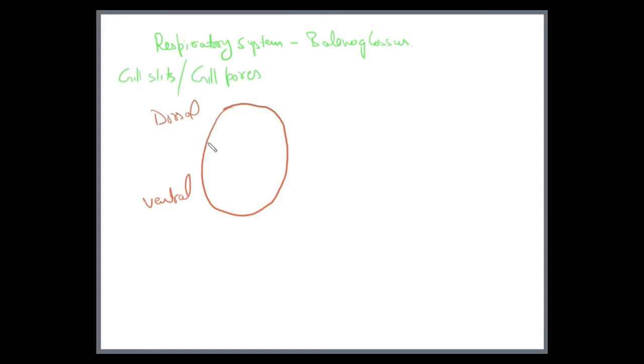It extends from the dorsolateral side and divides the pharynx incompletely into two parts. So the dorsal part is respiratory, and the ventral one is the digestive. This is the parabranchial ridge.